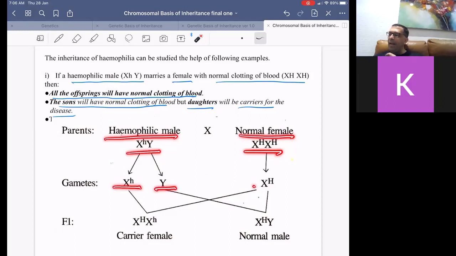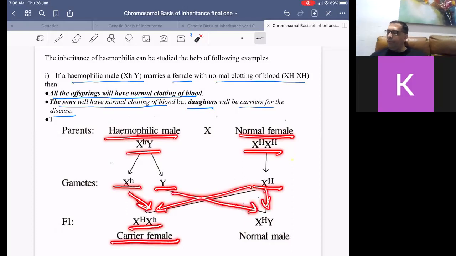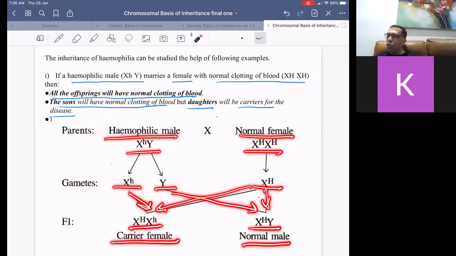And here a gamete will form X capital H, of which X capital H, X small h will form a carrier female, and X small h and Y will form a normal male. So where has the disease gone from?